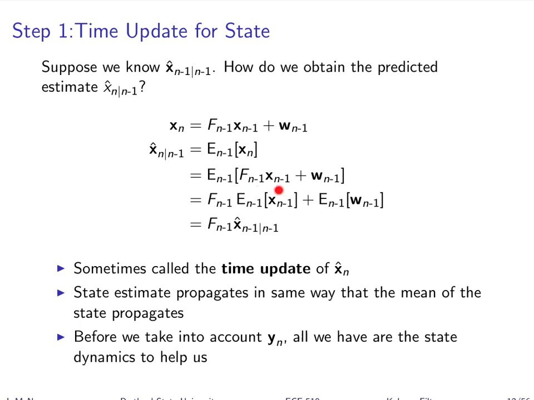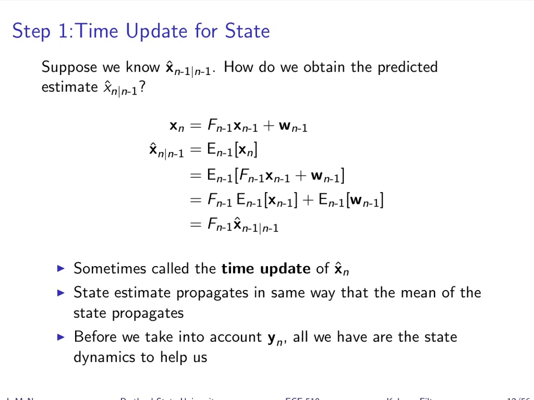And so when you take the expected value of this product, where one of the terms is a constant, you can instead take the expected value of the random term first and then multiply it by that constant. So we end up with the state transition matrix outside and the expected value of the state plus the expected value of the noise. But the noise is zero mean. That was one of our assumptions.